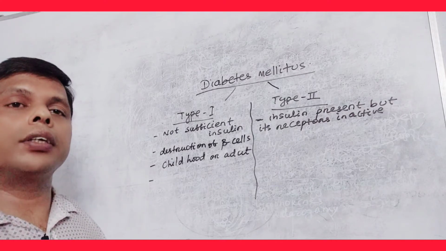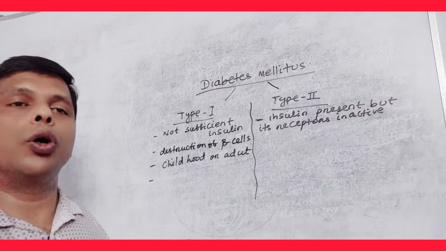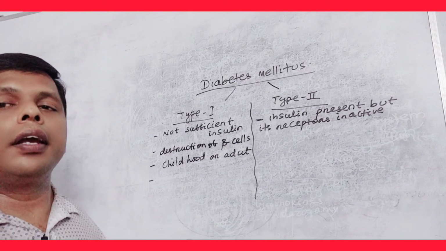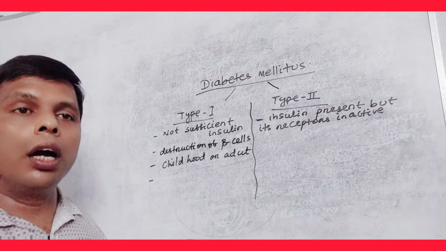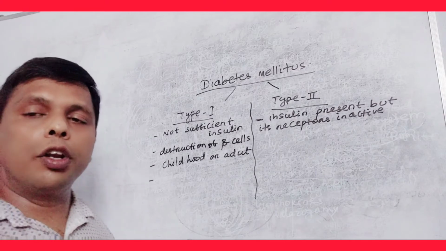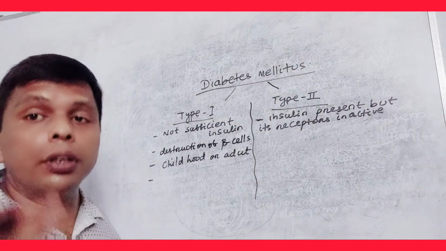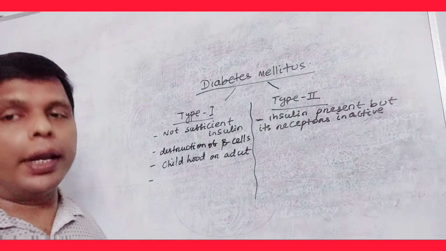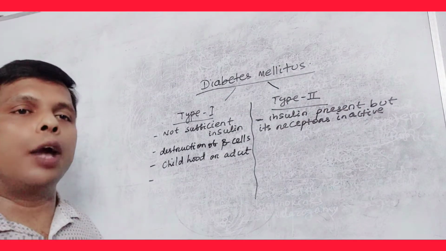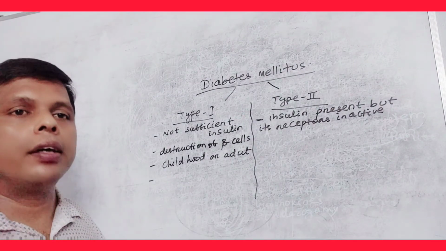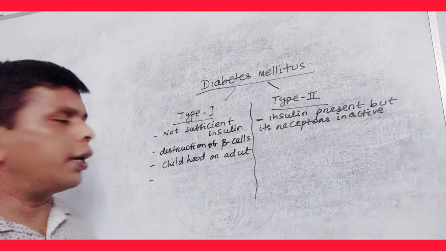Increased urination, tiredness, weight loss, increased thirst, hunger, dry skin, blurring in vision, these are the basic symptoms of type 1 diabetes. So, what are the causes?